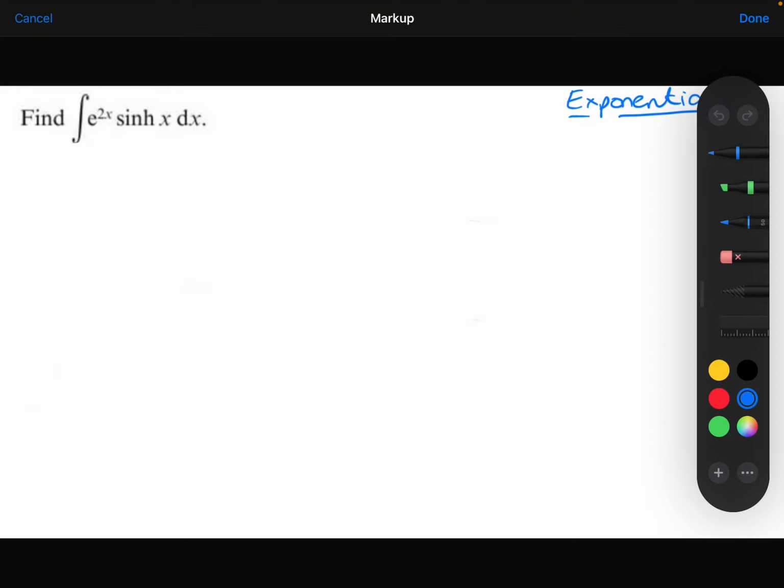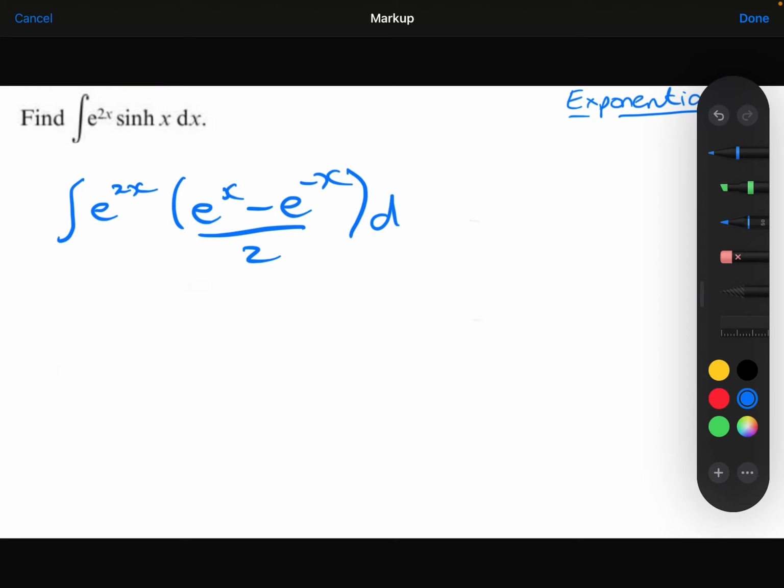Now, because we have an exponential involved, it would make sense to actually rewrite sinh in its exponential form. Notice I haven't actually done this in any of the previous examples. I haven't written sinh as e to the power x minus e to the power minus x over 2, but we know we can do that, and it would make sense to do that because we have this e to the power 2x there as well.